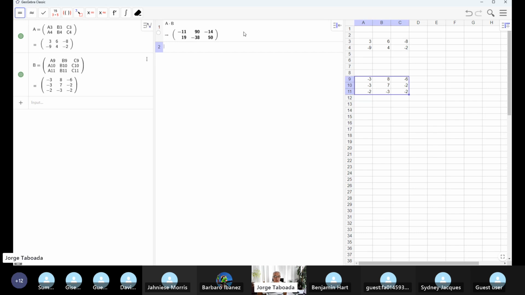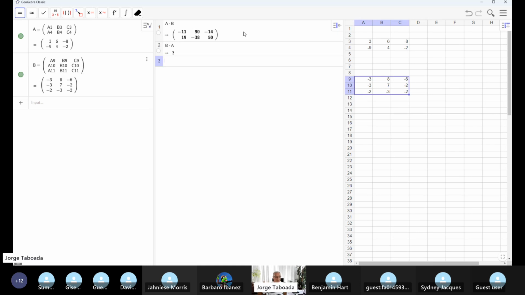However, let me try to do it in a different order. Let me try B times A, out of curiosity. B times A. Bang. Press enter. Question mark. Because it's impossible. It's impossible because the dimensions don't match.